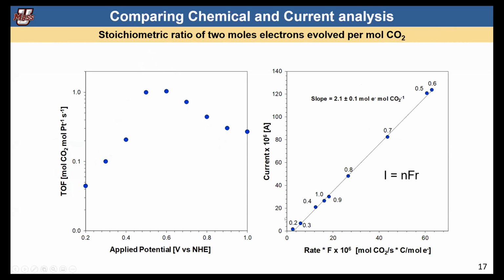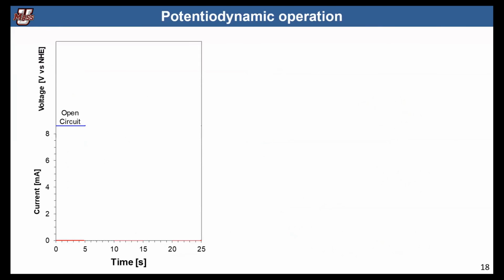So we confirm this by looking at our current versus our extensive rate of reaction multiplied by Faraday's constant. And that should give you a straight line with a slope that's about 2 moles of electrons per mole of CO2. So that's in line with the stoichiometric ratio you would expect. So that's telling us the currents we're measuring are realistic in terms of the rates we are measuring for this reaction. Okay, so that's the static case.